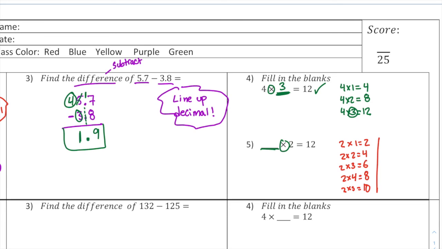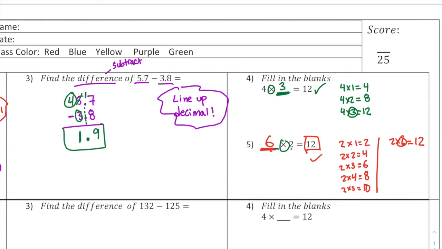So we're not quite there yet. And 2 times 6, 12. So if I multiply 2 with 6, that gives us 12. So I want 6 times 2 in the blank. Because if I take the 2 and I multiply by 6, that gives us 12.